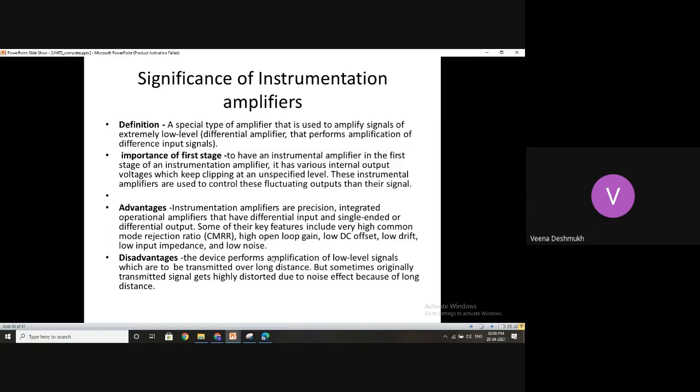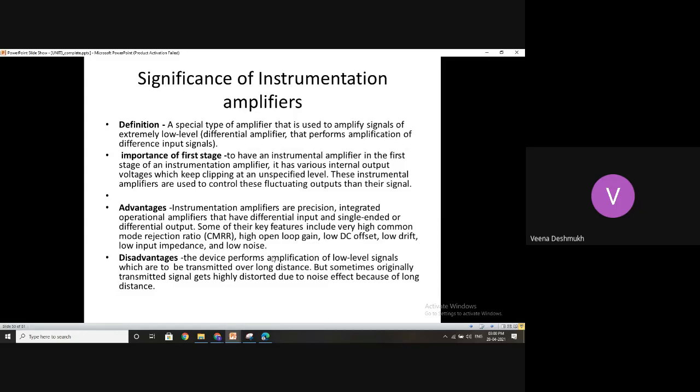All these are possible because we are using the op amp, which can convert the sensed parameter into either voltage or current, because we have different op amp configurations where a voltage signal can be converted to current, voltage to current converter, or current to voltage converter. So all these are possible with op amp configurations.